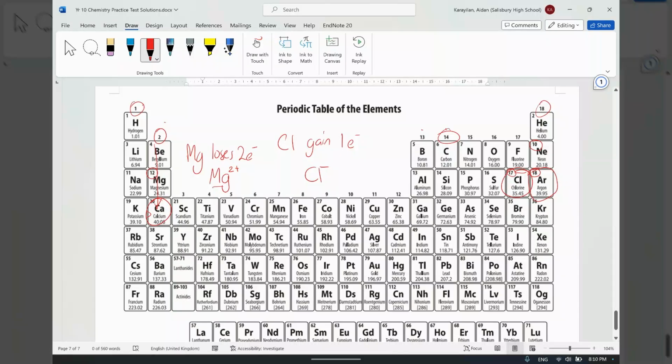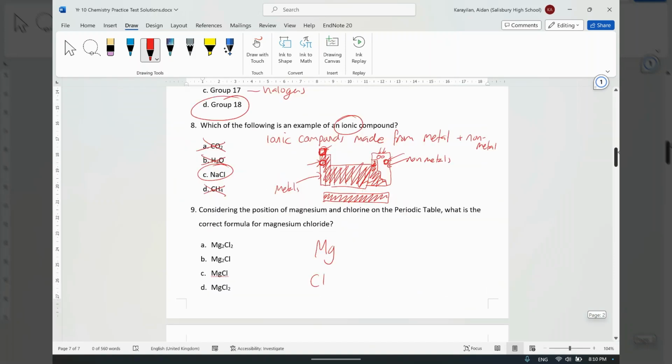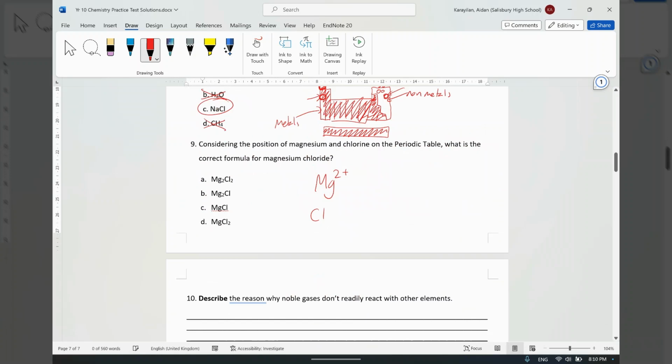So we're going to remember these, Mg2+ and Cl minus, and we're going to go up to our question. Here we are. So Mg2+ and Cl minus. Now the important thing to remember when you're combining 2 ions together to make an ionic compound, we need to make sure that overall the charge is neutral, cancelled out. So for every magnesium we have, there's 2 positive charges, and for every chlorine we have, there's 1 negative charge.